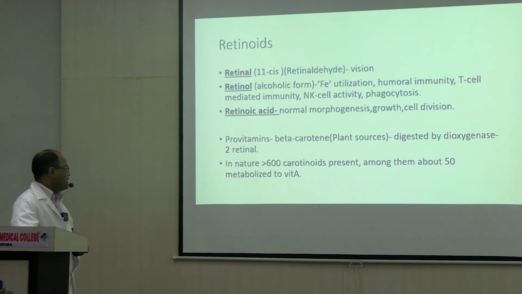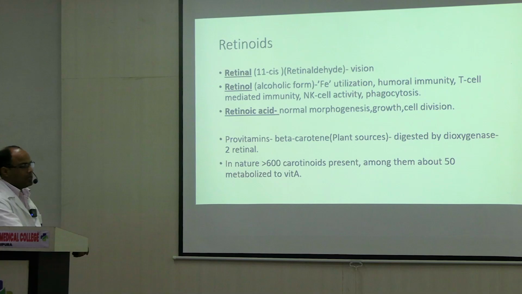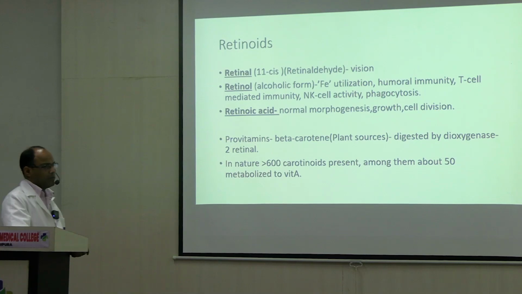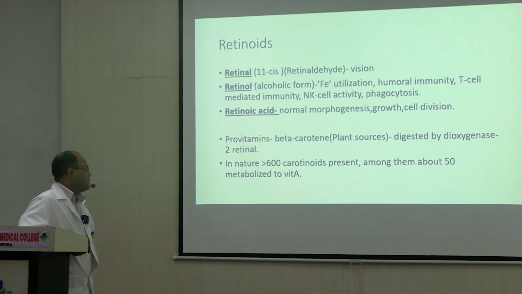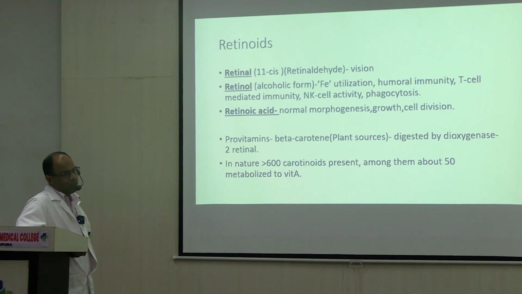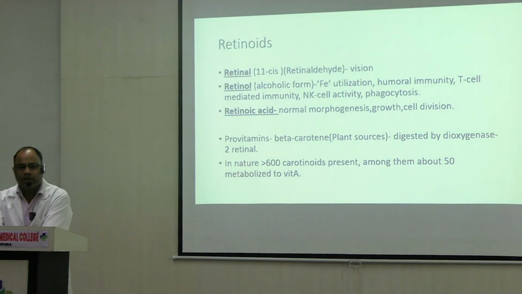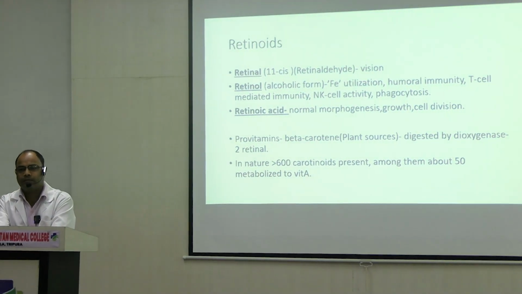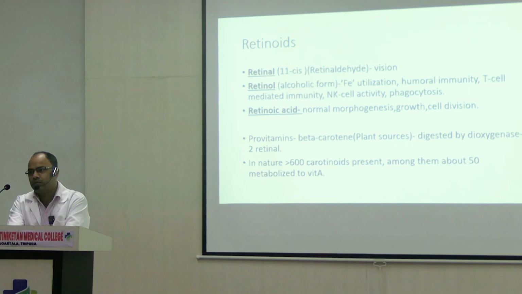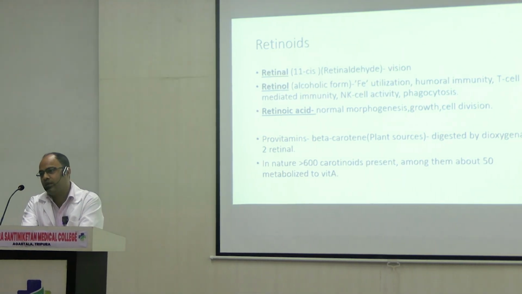In nature, there are more than 600 carotenoids present. Among them, approximately 50 carotenoids are metabolized to vitamin A. This information I have taken from Harrison's Internal Medicine. You can go through Harrison.